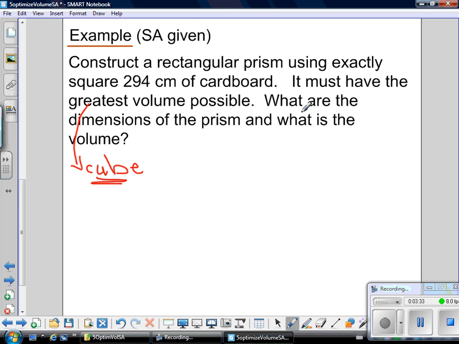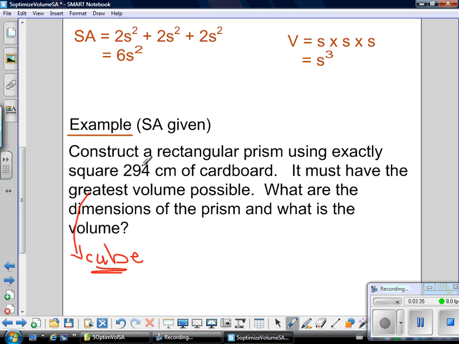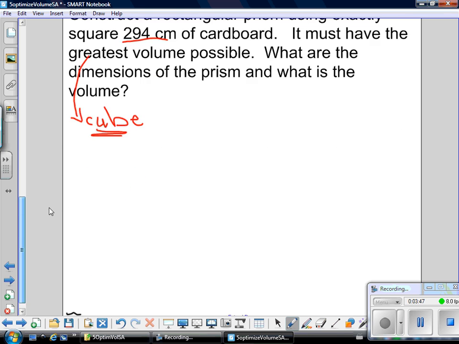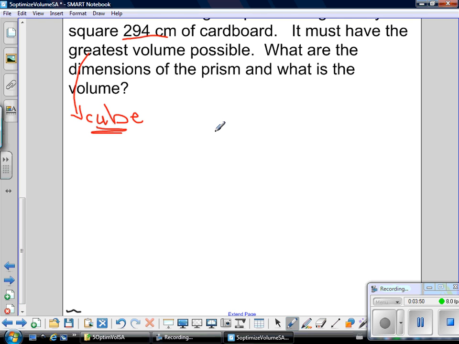Using the information that I have with my formulas, they tell me here what my surface area is. So I'm going to substitute it into the formula that I talked about a few moments ago. That formula is surface area equals 6s squared.